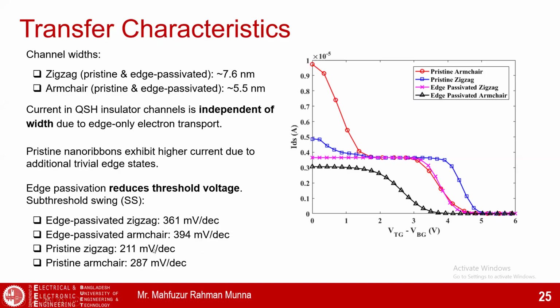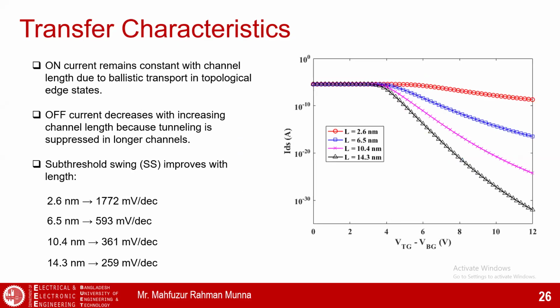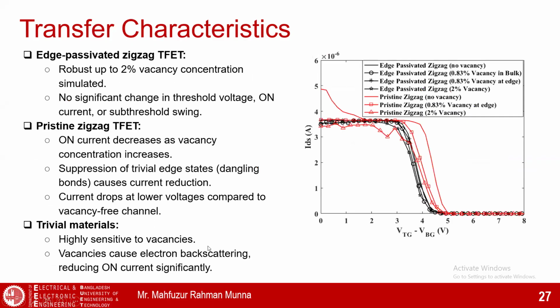It increases the subthreshold swing. Next, I have analyzed the impact of channel length. So as you can see, if we increase the channel length, then subthreshold swing reduces. And finally, I have also analyzed the transfer characteristic under various vacancy defect to show the robustness of my device.